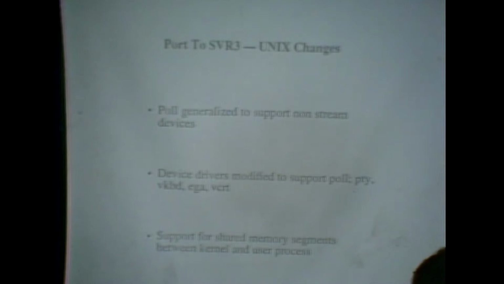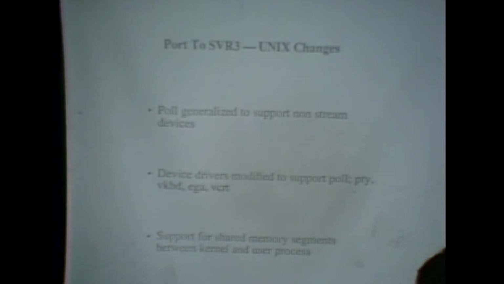We modified the PTY driver and the device drivers that we wrote that were part of the virtualization of the real mode 8086 machine. The VKBD is a virtual keyboard device, and we had a display device, the VCRT, which is the Unix device that connects to the virtual DOS display.